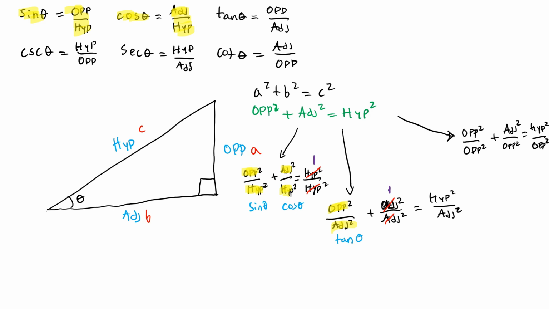And hypotenuse over adjacent, that corresponds to secant of theta. Okay, and then finally, with this one, opposite squared over opposite squared cancels, we get 1.